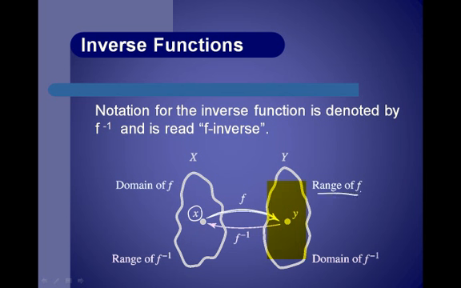Well, the way inverse functions work is the range of f becomes the domain of f inverse. So if you take the domain of f inverse, which was the second set, and you plug it back into your f inverse, then what you're going to get is the range of f inverse, which was the same thing as your domain of f.